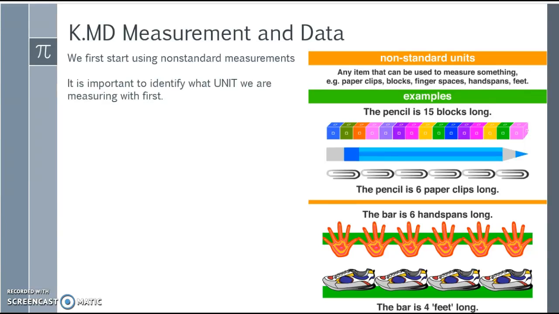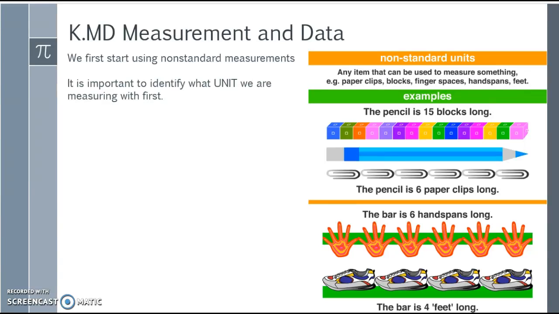For example, if we take this blue pencil here, and let's say we're using the blocks as the unit, we would need 15 of those blocks to measure the same length as that pencil. But if we decide to use paper clips lining them up end to end, we would only need 6 paper clips.